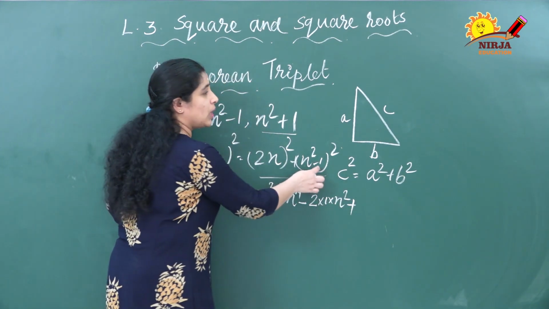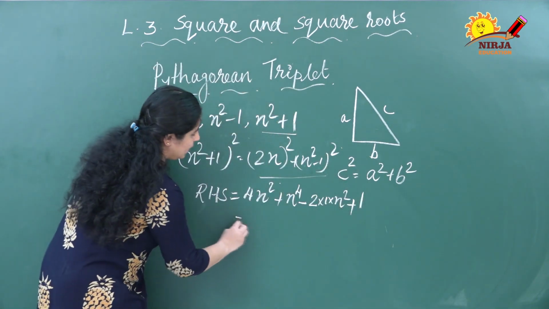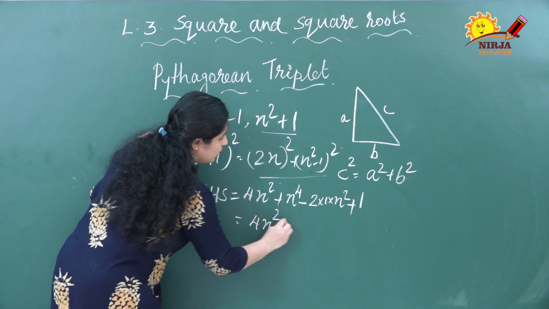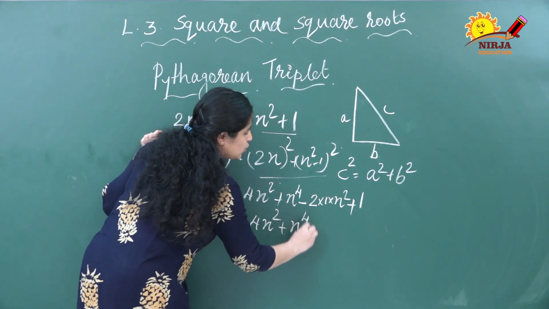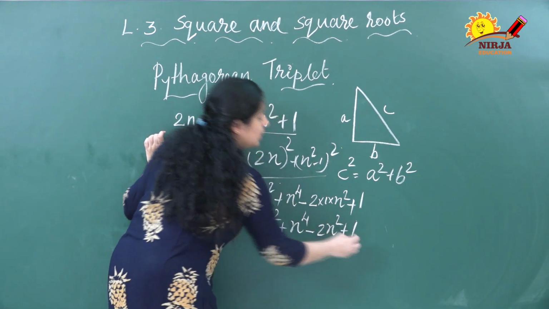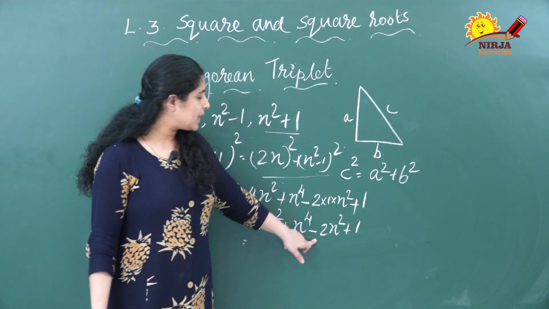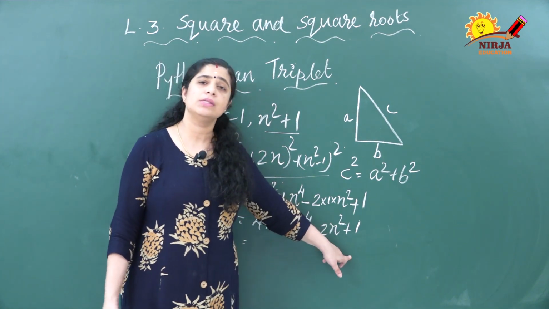Here b is 1, and the square of 1 is 1. Again, 4n square plus n raised to 4 minus 2n square plus 1.